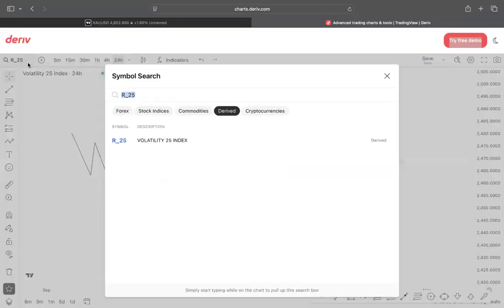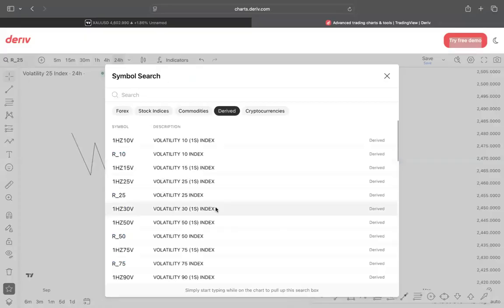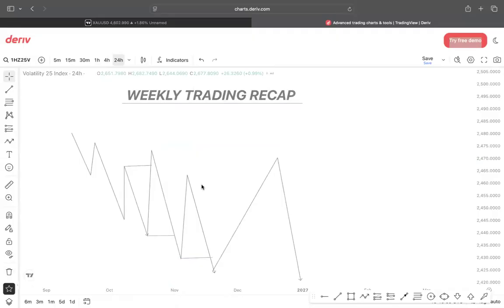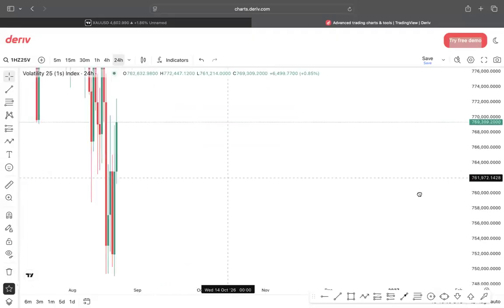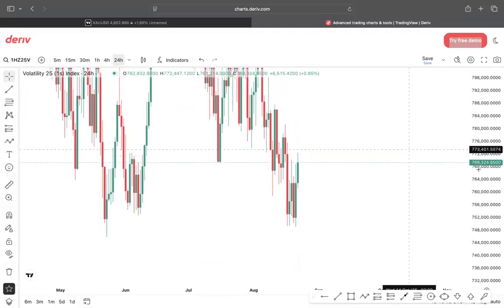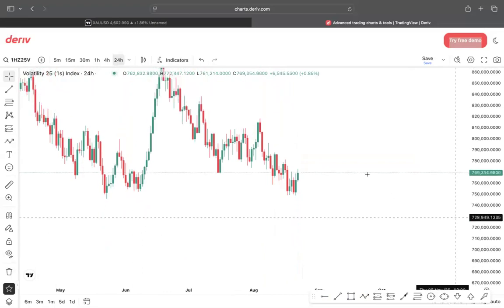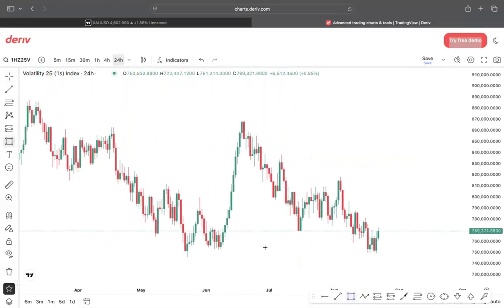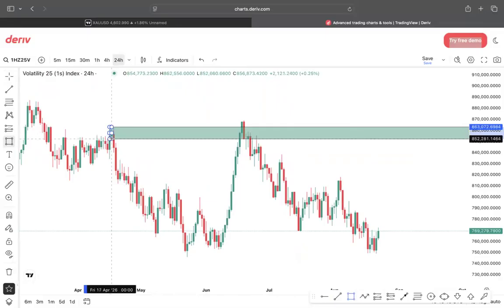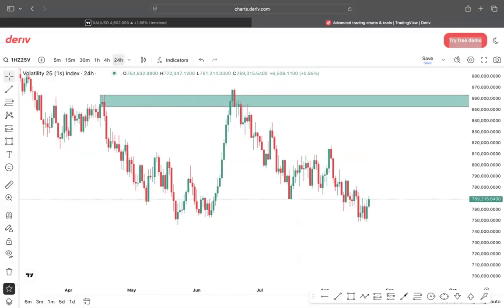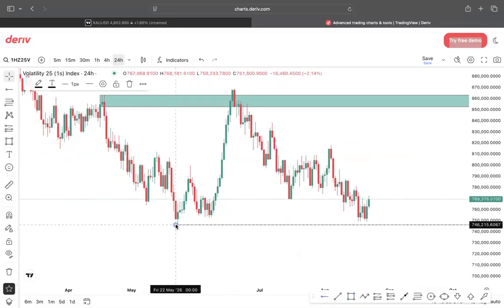So now let's go to the charts. The first trade that I had last week, I believe, was V25 1X, which is basically selling. From my top-down analysis, price is selling from here and is headed towards here.